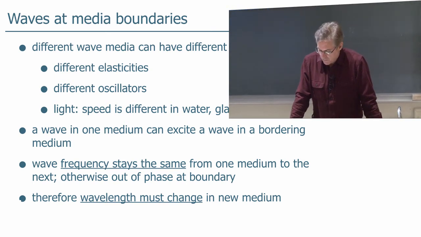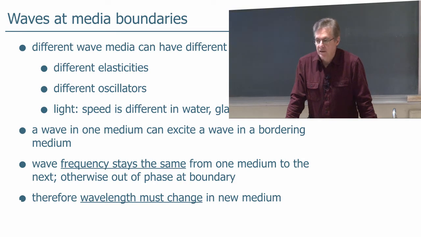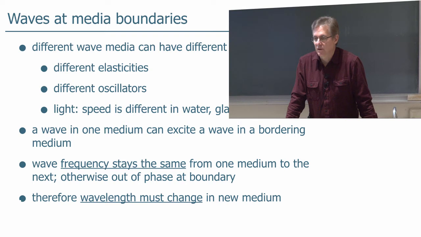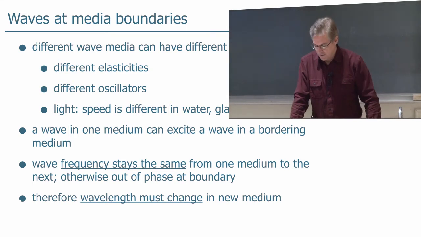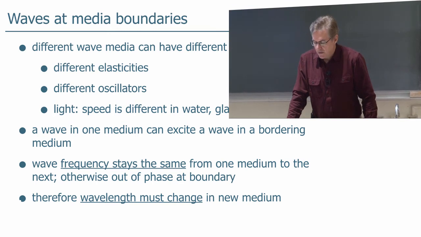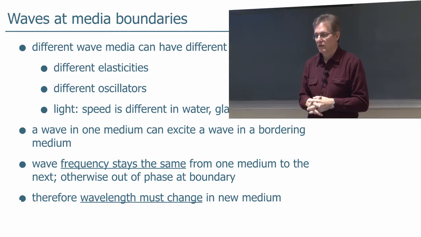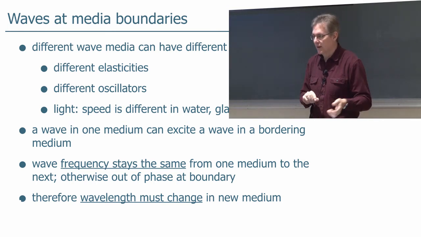That's important to remember. Now, the wave velocity is changing; our main hypothesis here is we're going from a medium with one velocity to a medium with the other velocity. And as we'll see in the following slide, the wavelength, therefore, has to change in the new medium. You can also see that just from the fact that lambda f equals v, and if v is changing and f is not changing, lambda has to change, right?